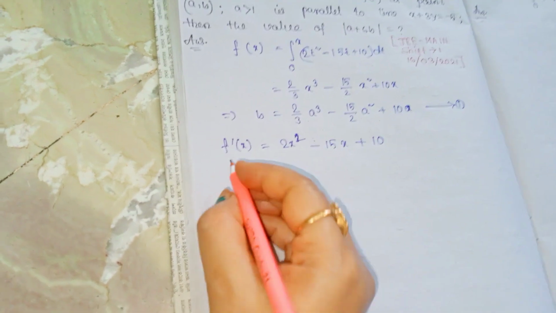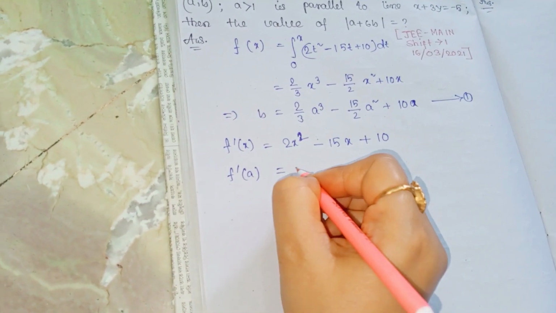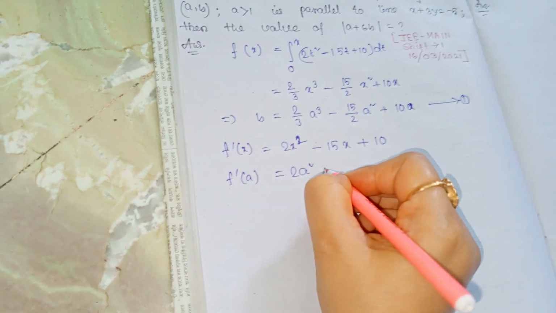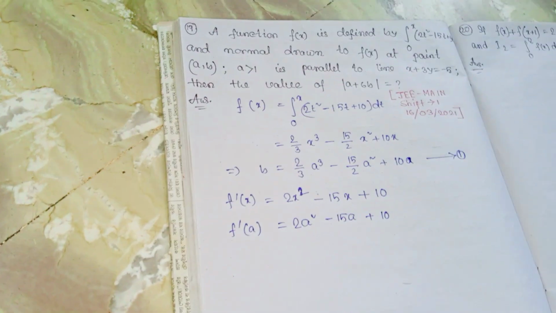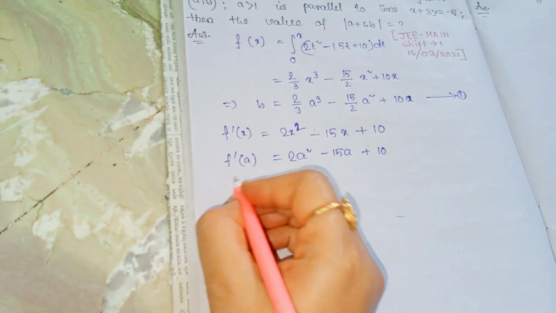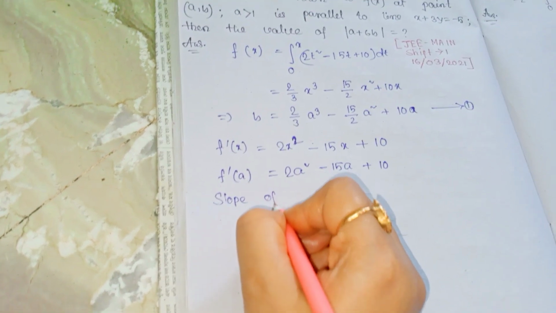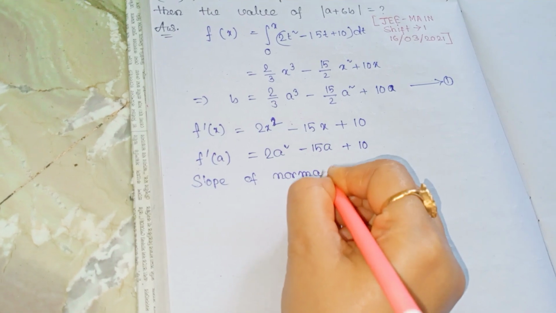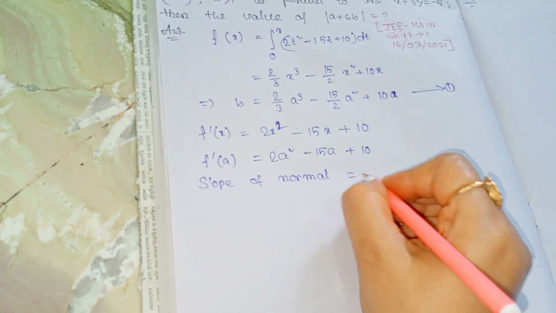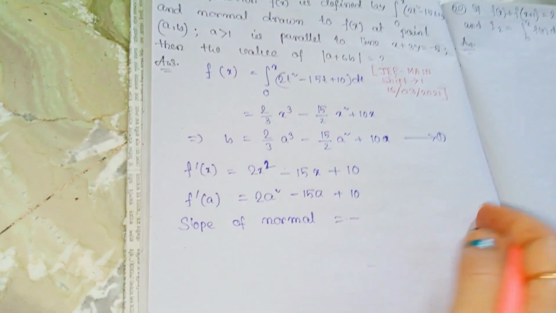So now f'(a) is equal to 2a² − 15a + 10. We know the slope of the normal is equal to the negative reciprocal of the tangent slope.